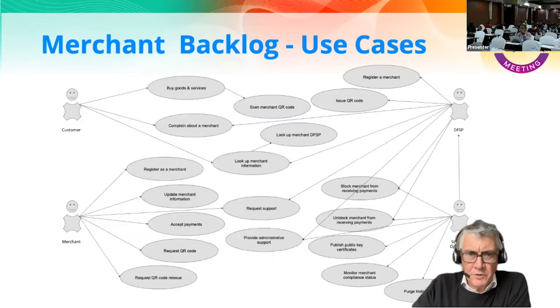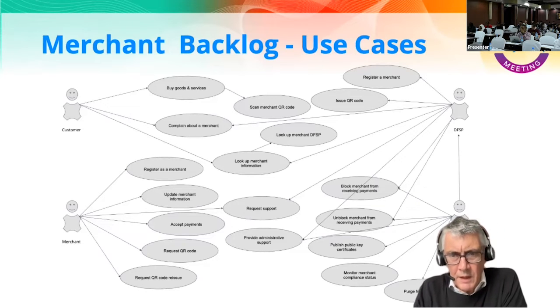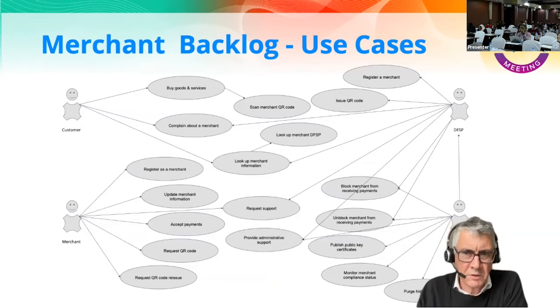These are the various use cases we came up with. Looking at customers who want to buy goods and services, scan a QR code, complain about a merchant, look up merchant information. In fact, that's during a transaction.